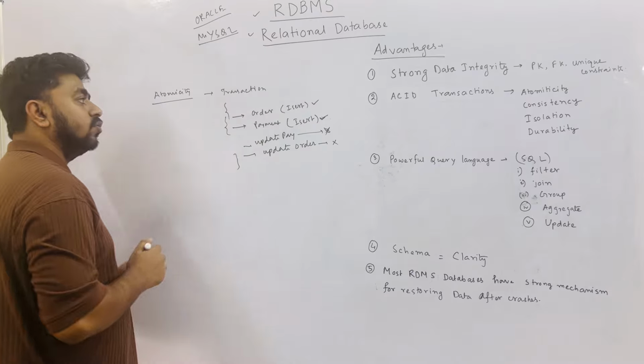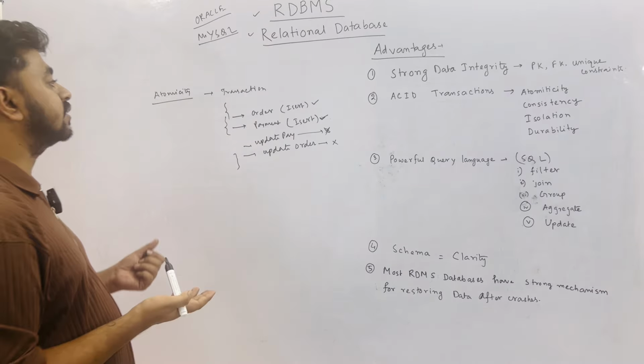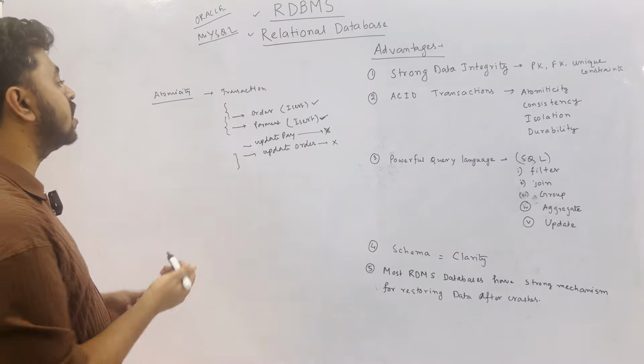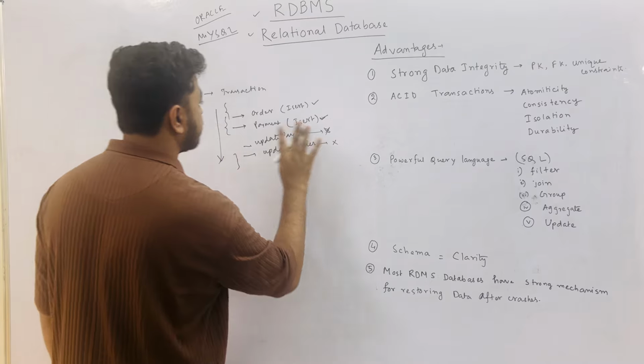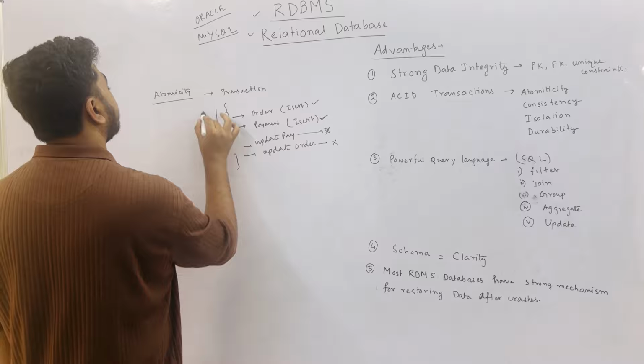So what a transaction provides us as a security is that either it will execute all these statements in a particular transaction successfully, or it will not execute any of them.